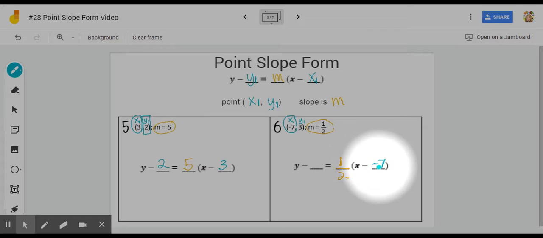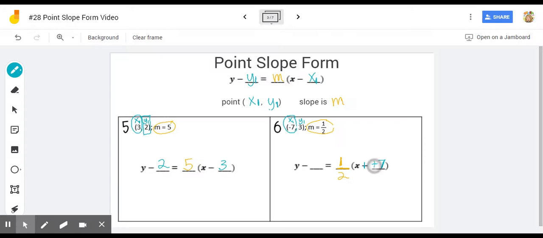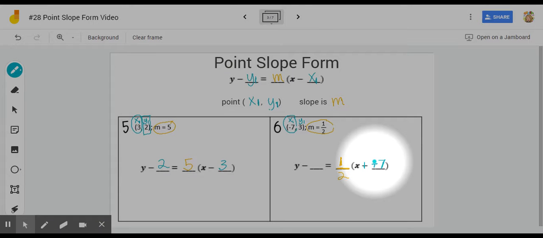A subtraction of a negative now makes that overall positive. So we'll write that as x plus 7. And if my y1 is a +3, then this would be a y minus 3. So just be careful on the negatives, guys. When you put that into the point slope form, it now becomes a positive or the opposite.